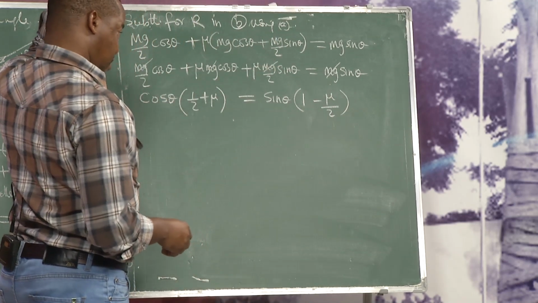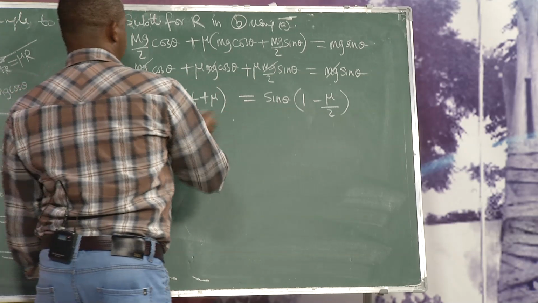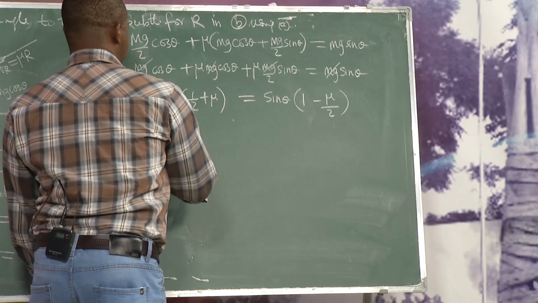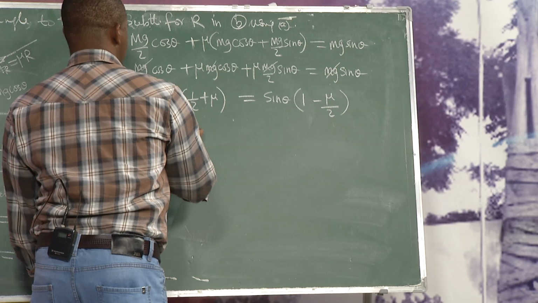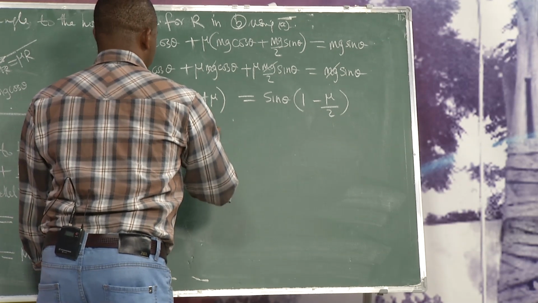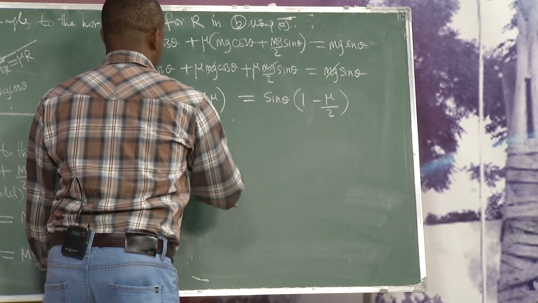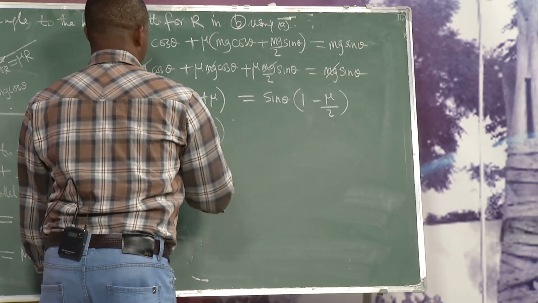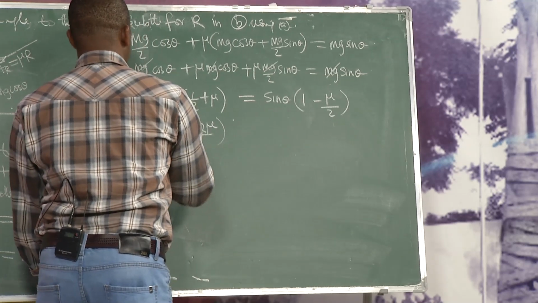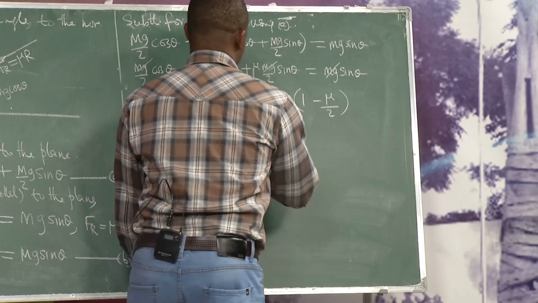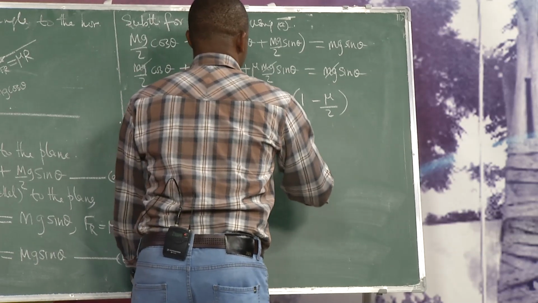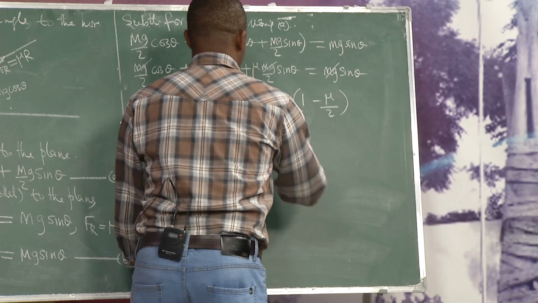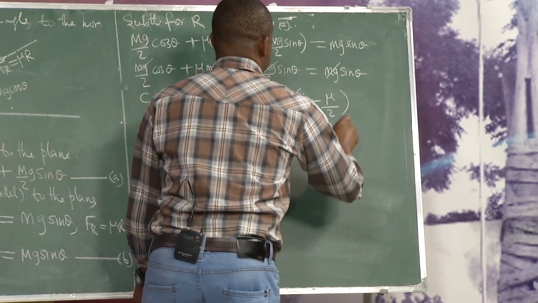If I take the LCM, I will have 1 plus 2 mu over 2 into the cos of theta should be equal to 2 minus mu over 2 into the sine of theta.